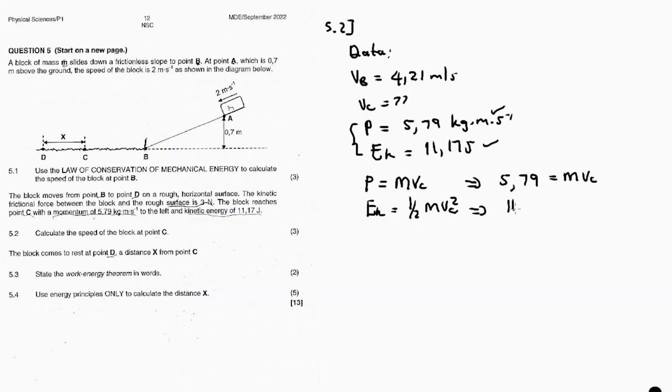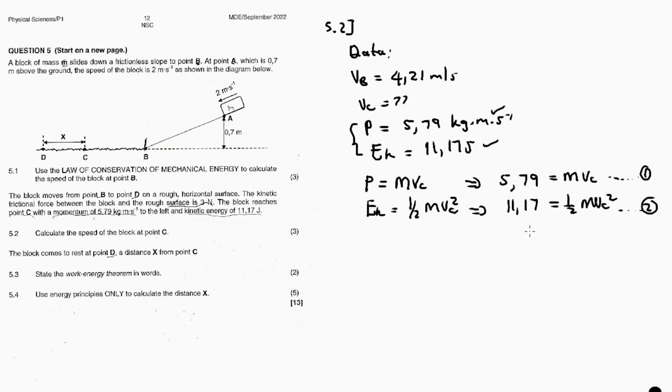EK 11.17 equal to half mvc squared. Voila. So nani, this is a simultaneous equation. Uyayibona na? Awuyiboni? Okay, bheka ke mngana, bheka bangani bami.